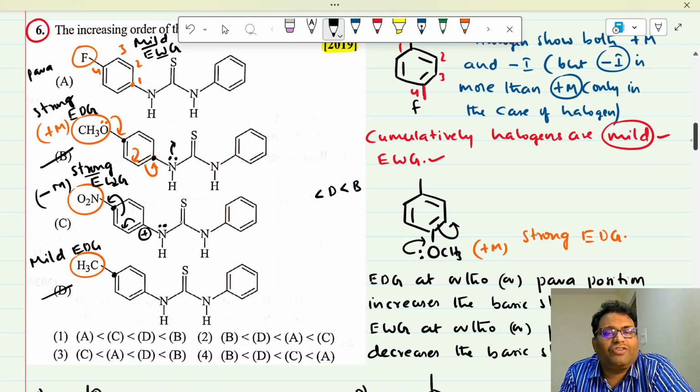Electron withdrawing groups decrease the basic strength. Fluorine, being mild, pulls only less electron density. So after that comes A, and the least is C.